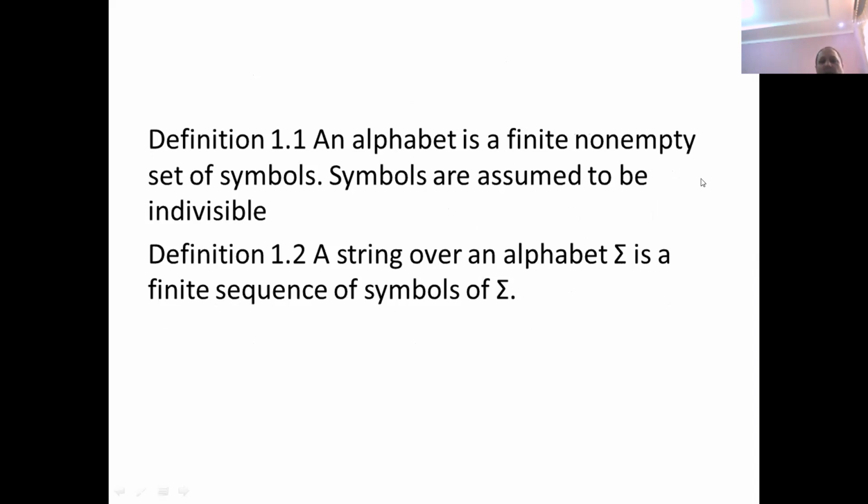An alphabet is a finite non-empty set of symbols. Symbols are assumed to be indivisible. Definition 2. A string over an alphabet sigma is a finite sequence of symbols of sigma.